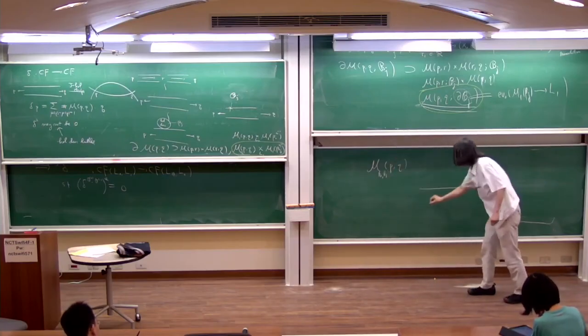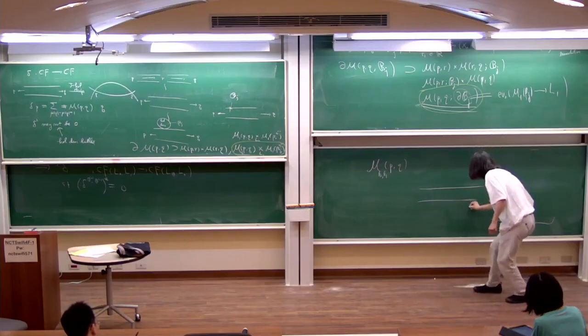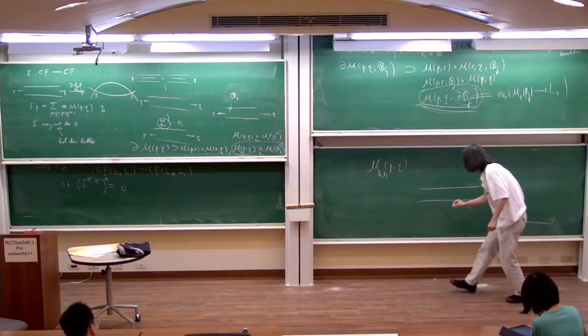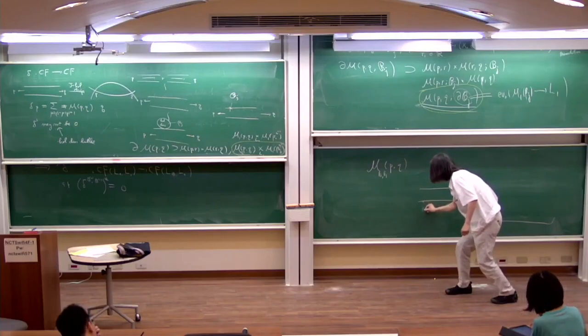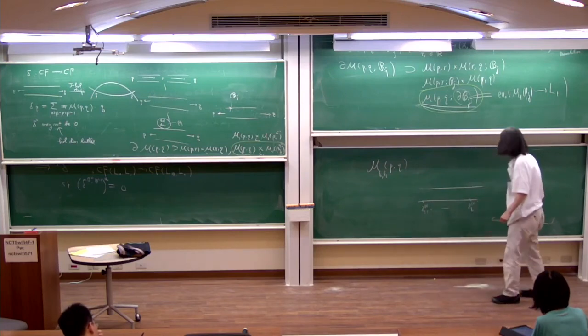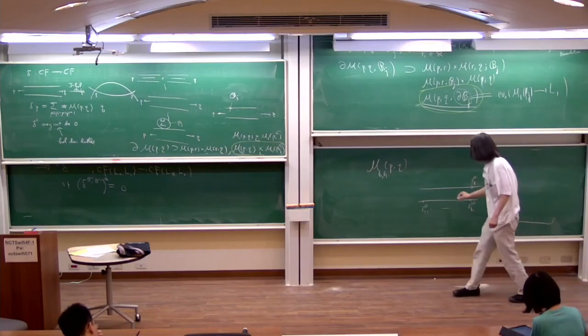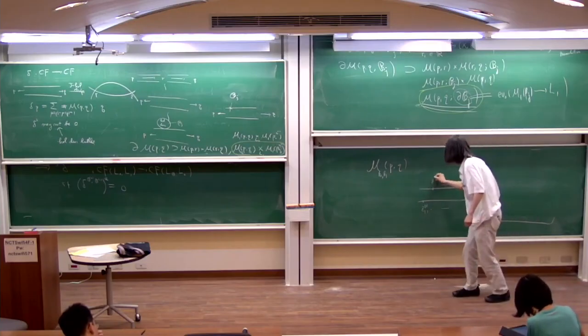So here I take Z1 of 0, Z0 of K1 here. And maybe for some reason I just start from here, Z1 of 0, Z1 of 1 to Z1 of K1.